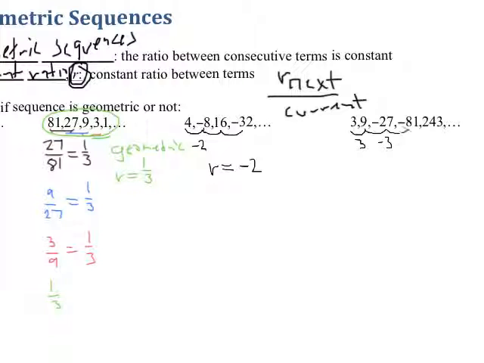From 27 to 81 is multiplying by 3 again. To go from -81 to +243 is to multiply by -3. And so there's kind of an interesting pattern, and it's like pseudo-geometric. It's at least multiplying by 3 each time gets us the numbers, but those signs are a little bit goofy. So technically, this is not a geometric sequence.